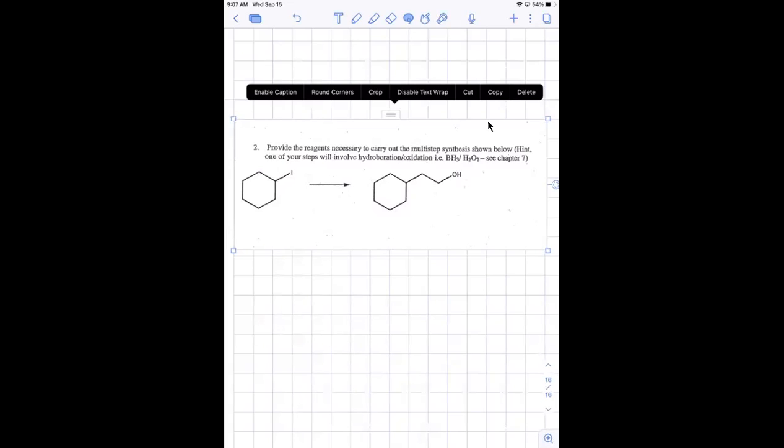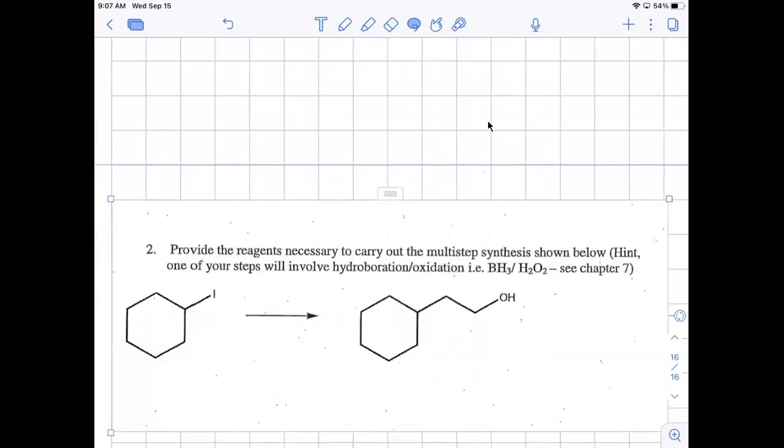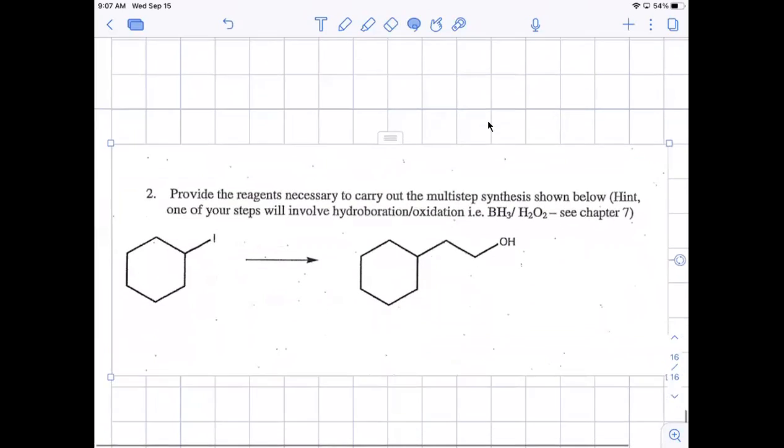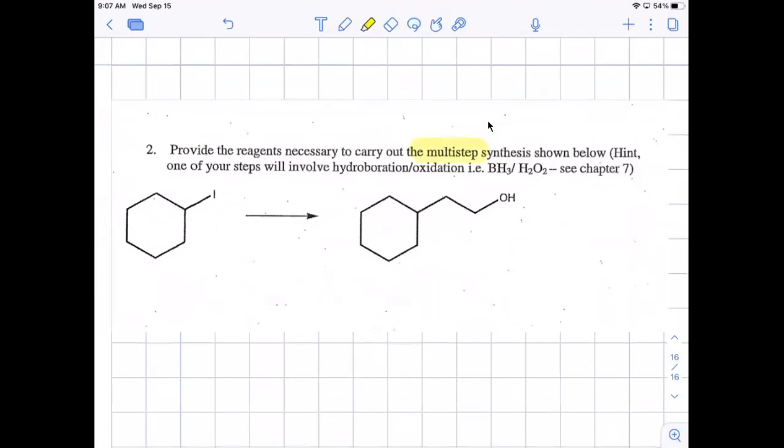The problem says, provide the reagents necessary to carry out the multi-step synthesis below. So this is the key to the question: it's a multi-step synthesis, it happens over multiple steps. And it says, hint, one of your steps will involve hydroboration oxidation, right? Using BH3 and hydrogen peroxide.